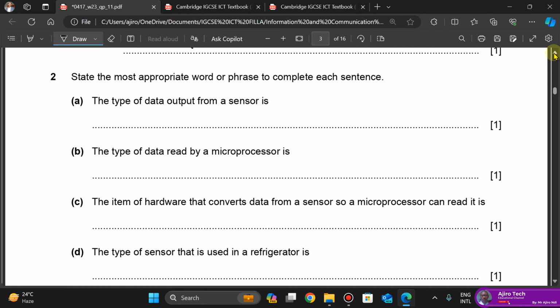But this is possible with what we call the ADC, the analog to digital converter. So the output from a sensor, what is going out, is analog. The type of data read by a microprocessor, what is being read by the computer, is digital, which is numbers.